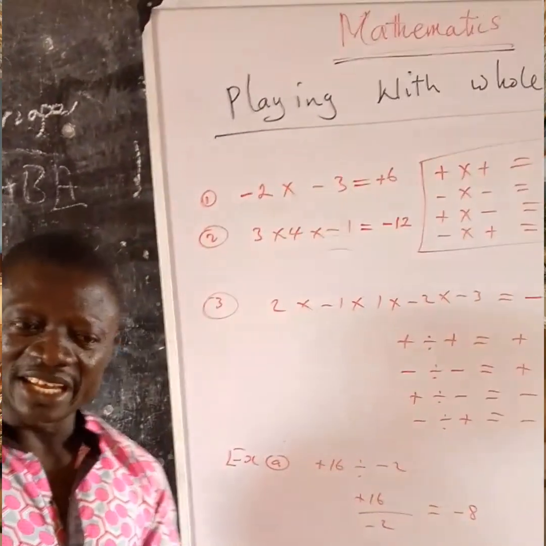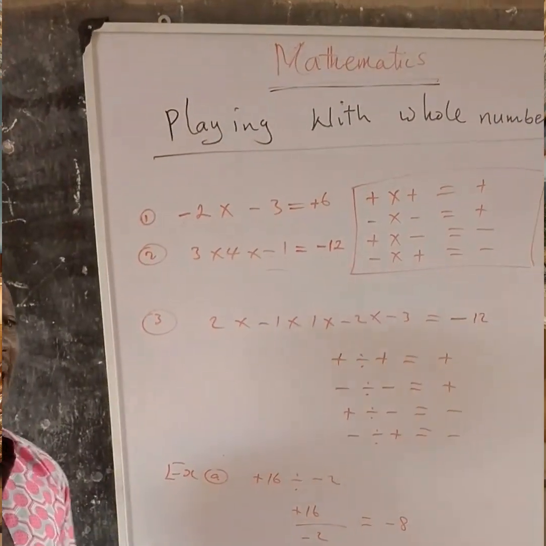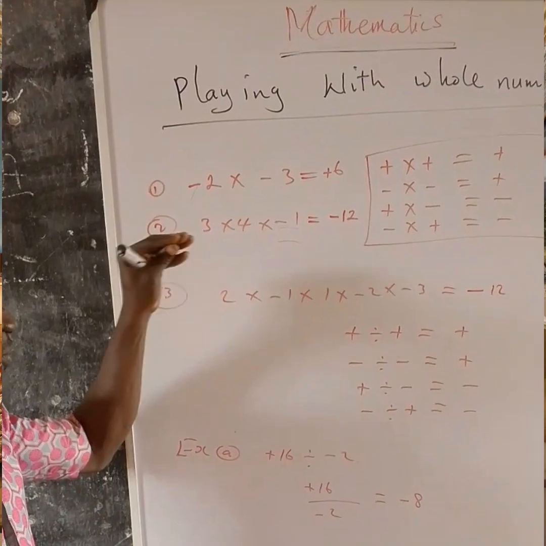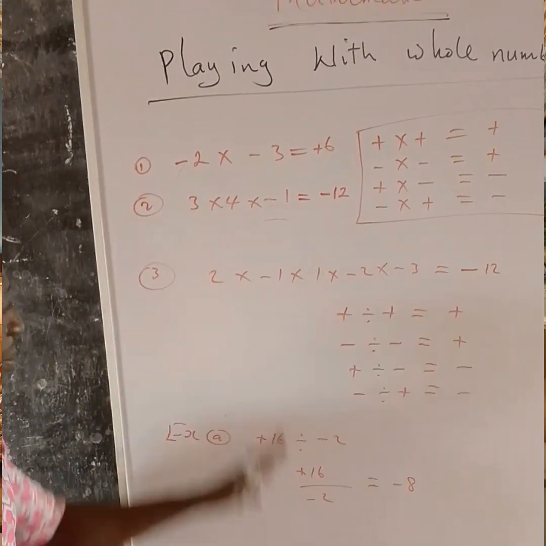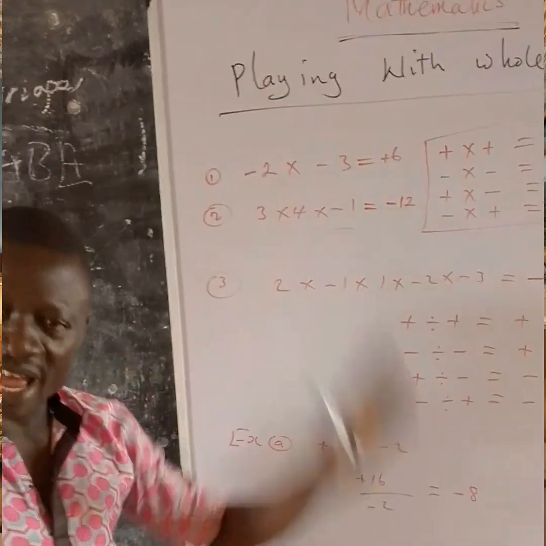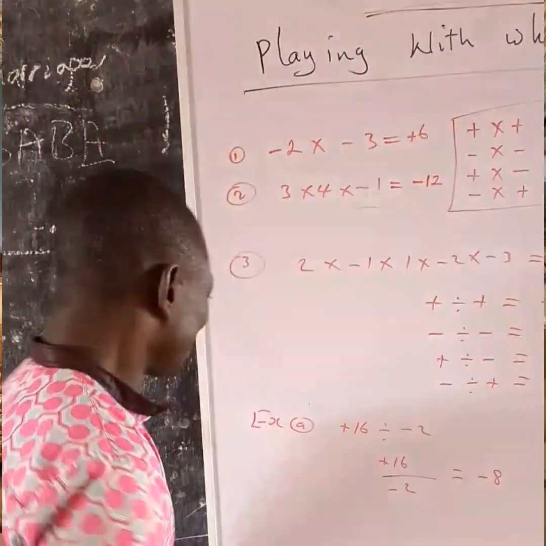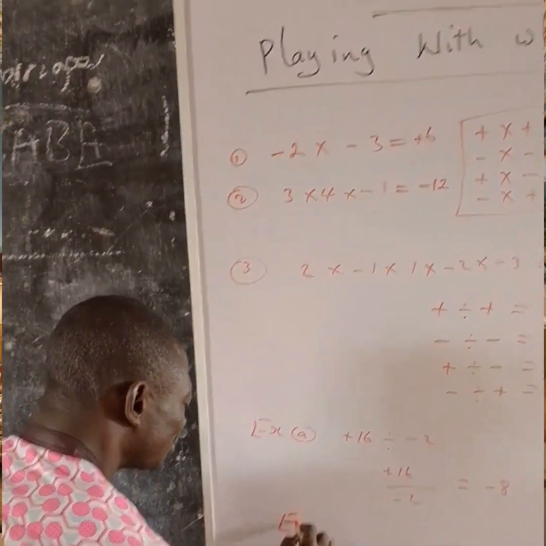If you multiply or divide numbers, you are going to multiply or divide their signs first. Multiply and divide their signs first. Take a look at example number 2.